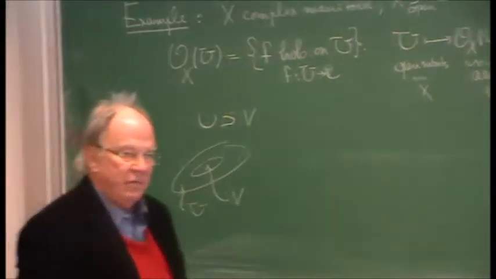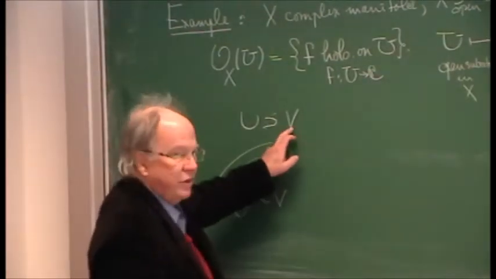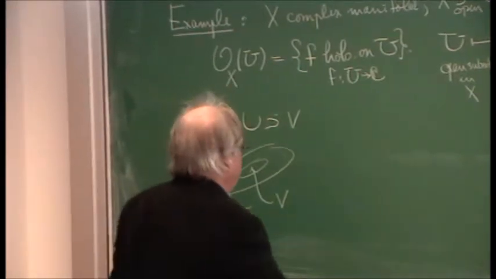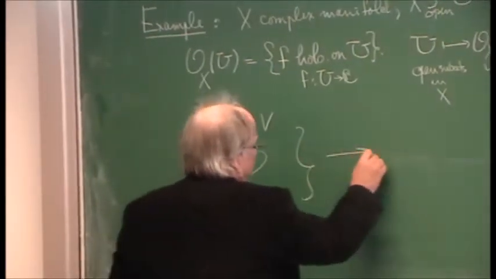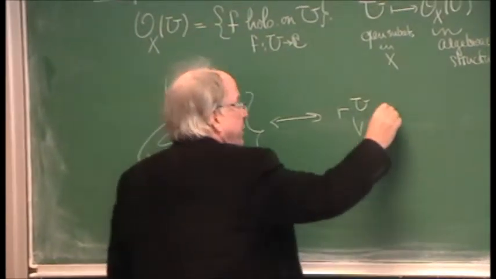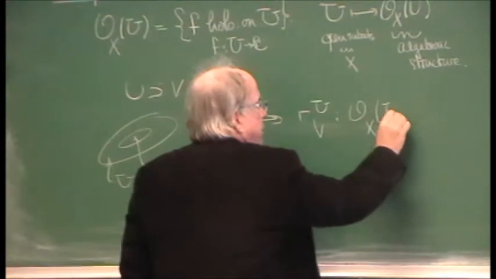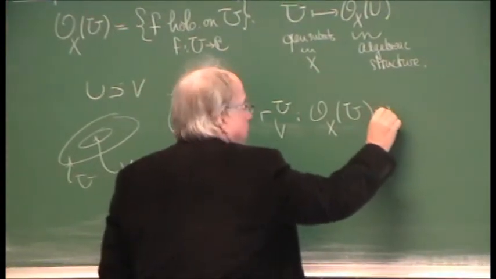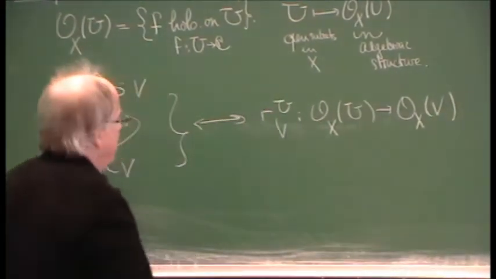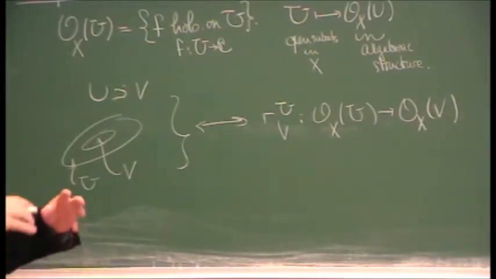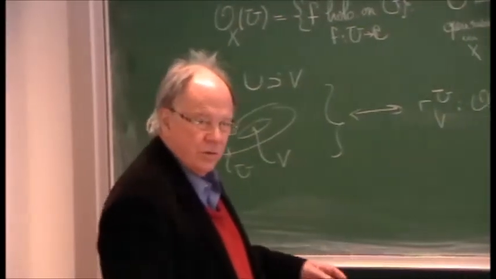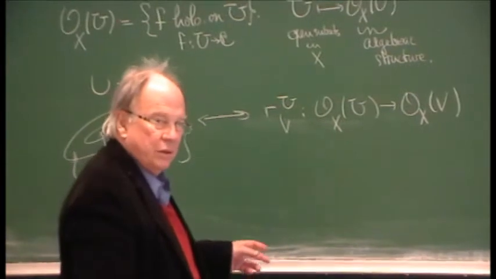This is the injection of V into U. Then this operation here should correspond to the restriction mapping, which I always write like this, from OX(U) to OX(V). So the injection corresponds to this; this is a so-called functor, but I don't care about this.